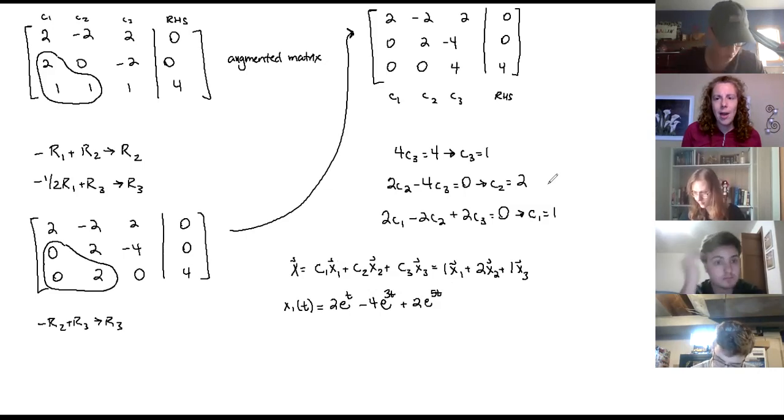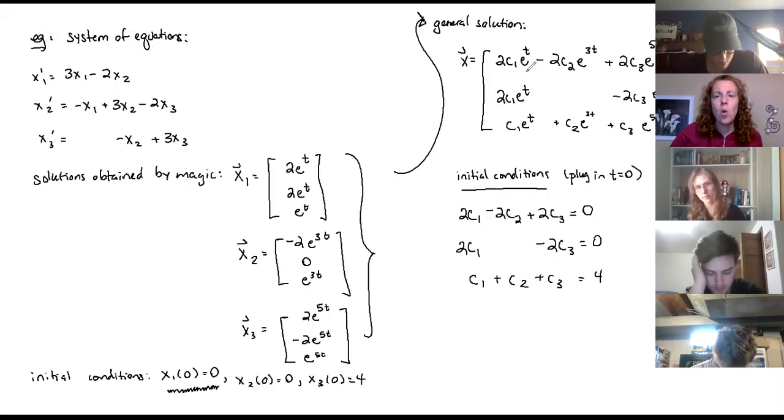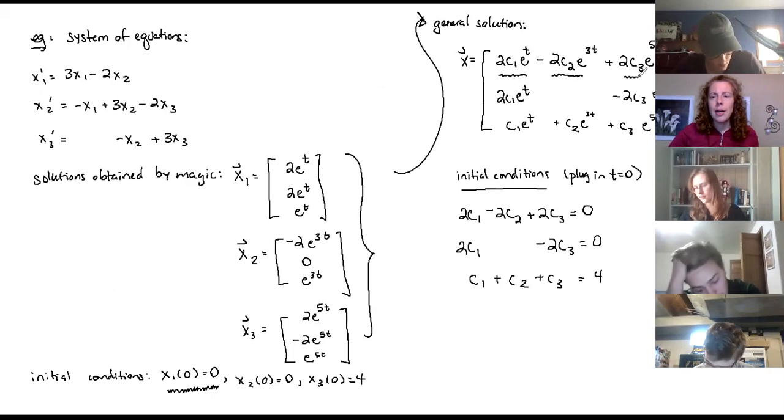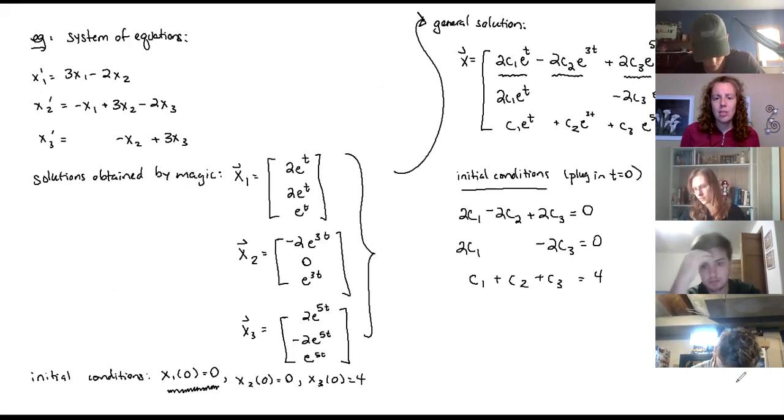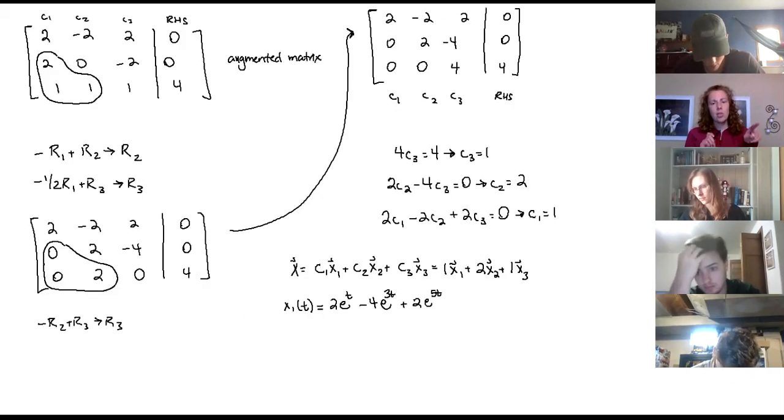Backing up a slide, our function x1 was 2c1 e to the t, c1 is equal to 1, minus 2c2 e to the 3t, c2 is equal to 2, plus 2c3 e to the 5t, and c3 is equal to 1. So plugging in those values for c1, c2, c3 gives me coefficients of 2, -4, and +2.